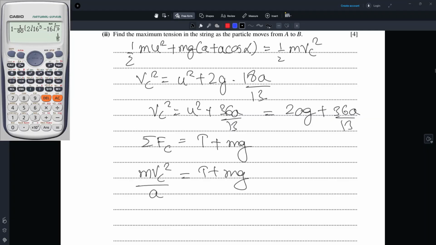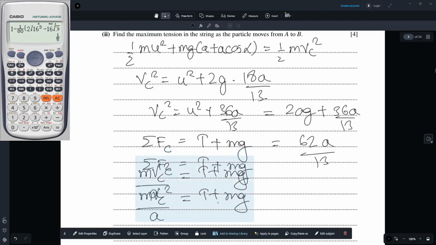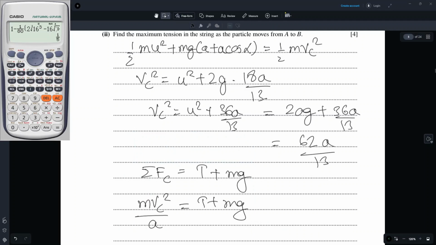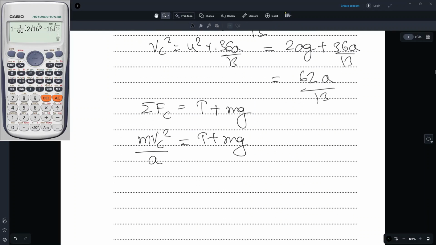So it means that we have 26 plus 36, 62a by 13. After that, I have to replace vc squared with that. And because I have a at the bottom, I only get 62m by 13 equals T plus mg.